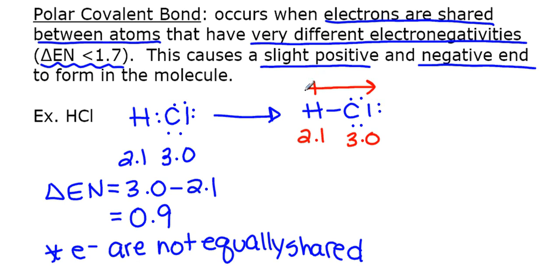That's why we see this plus sign over here to try and show this end has a little bit of positive. This is called a dipole. So we can draw these on where bonds are not equally shared. This end here will end up with a partial negative charge.